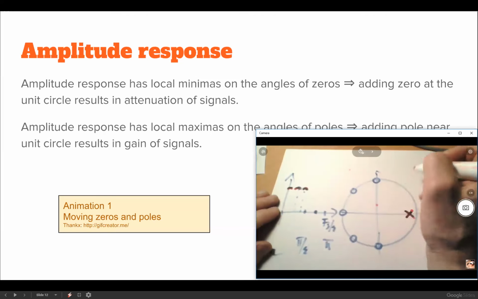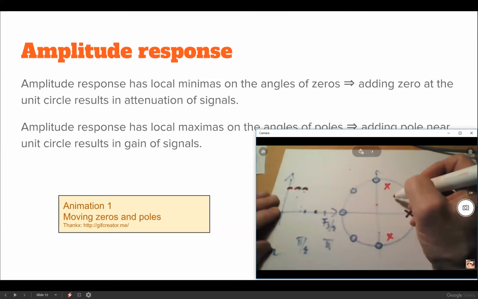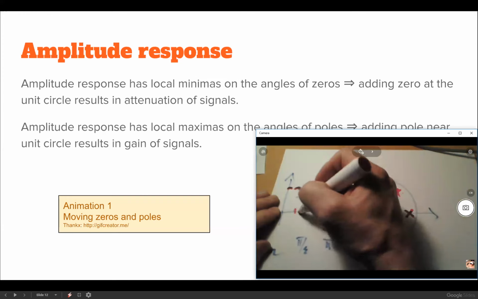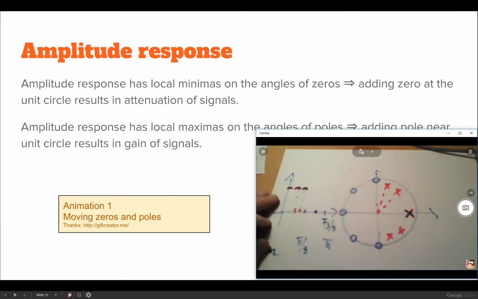Okay, and then a couple of poles on those angles, and that is somewhere in here. So you just translate those angles to here. And that's a low pass filter design.